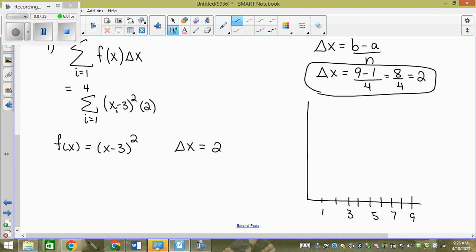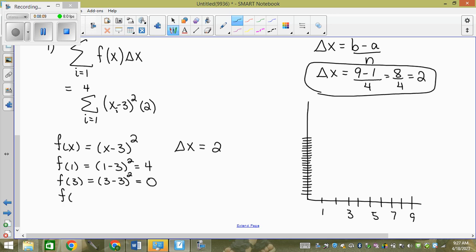So I'm going to find the values of those so I can sketch it. Because if they take away my calculator, it's the only way I can do it. f of 1 is 1 minus 3 squared, which is 4. f of 3 is 3 minus 3, which is 0. Then f of 5 is 5 minus 3 squared, which is 4.